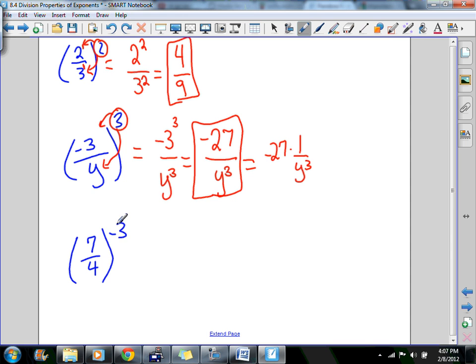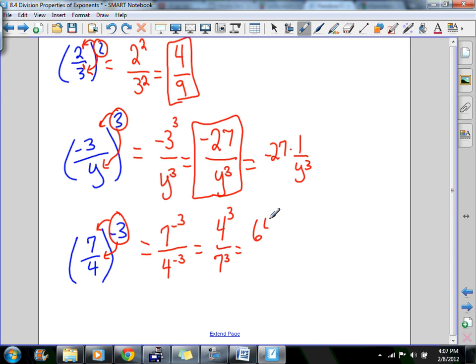Okay? And this one here, we have to distribute the negative 3 into both terms. So we get 7 to the negative 3rd on the top, and on the bottom we get 4 to the negative 3rd. To make them both positive, they both have to flip. So we get 4 cubed on top from the bottom, and we get 7 cubed on the bottom from the top.